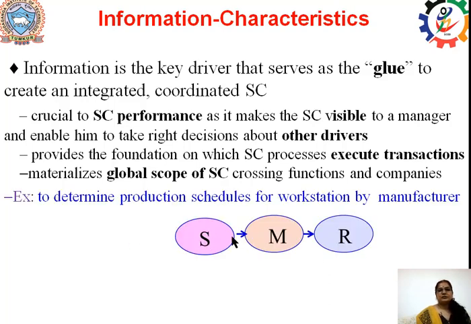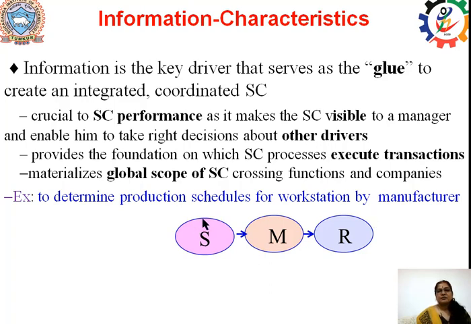Say, for example, we'll take one example for this. In a supply chain, the manufacturer is in the middle, and to the left he has the supplier who supplies the material to him, and to the right he has the retailer or the customer to whom he supplies the products.